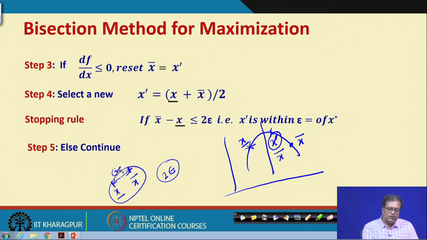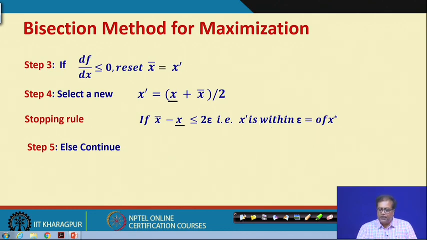If the gap is less than 2 epsilon, we may say that x dash is within epsilon of the optimal x. So, we can stop, otherwise continue. So, that is how the method is. Very simple method. Let us see how it is operated.